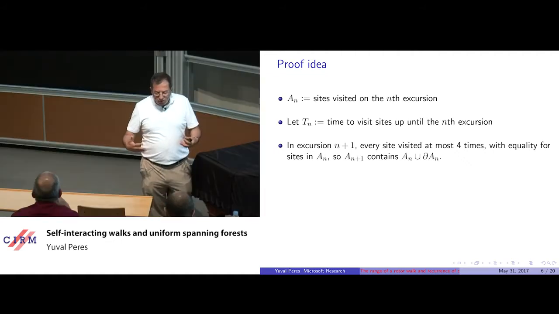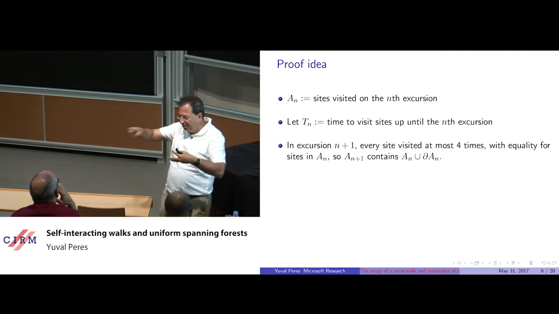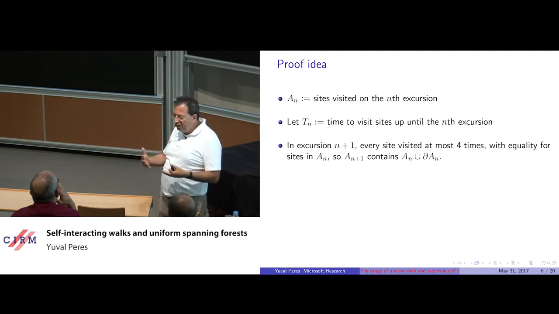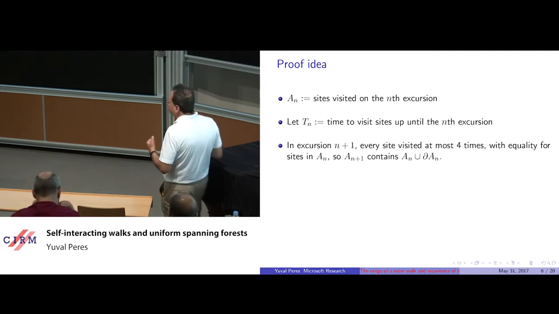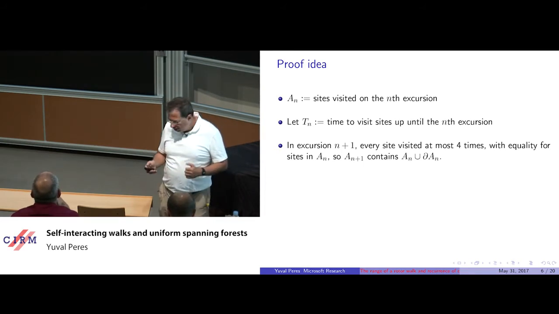At the end of an excursion, the structure you have is a spanning tree of the vertices visited in the excursion, directed towards the origin. And hence, everything in that spanning tree is going to be visited in the next excursion. So if you want to see more details, it's in the Monthly and also on the arXiv.